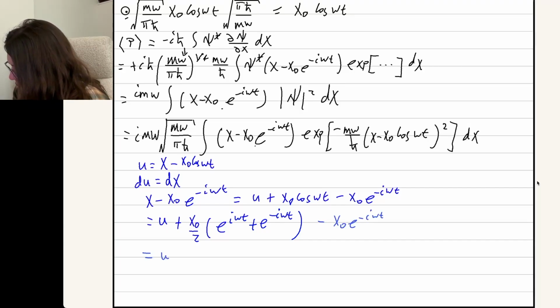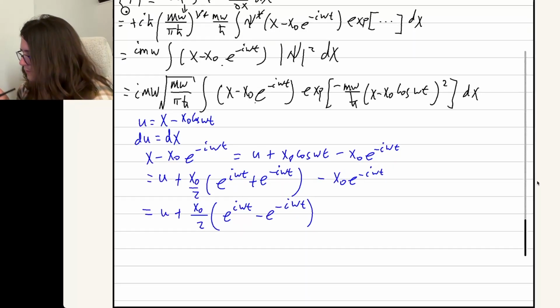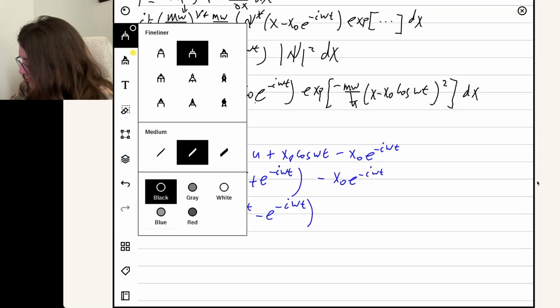And then we can move the negative exponent term in here, and now we have e to the i omega t minus e to the minus i omega t. That's pretty cool, and that's the least cringe way we can write it right now. So let's keep going into the integral.